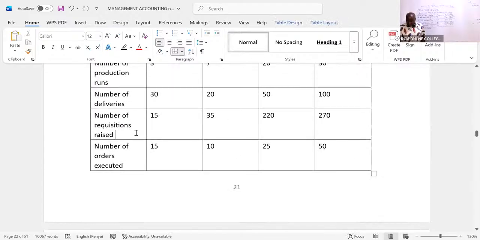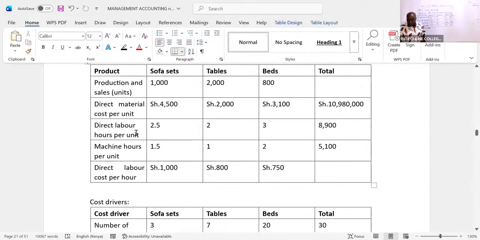So machine hours, ladies and gentlemen, if I say page up, I'll be able to go to some table which is giving me their machine hours per unit. Whenever you hear that word per unit, you have to be very, very careful on ABC. Otherwise, you'll get an entire zero. Because for ABC, we want to get the machine hours for all the units that were produced.